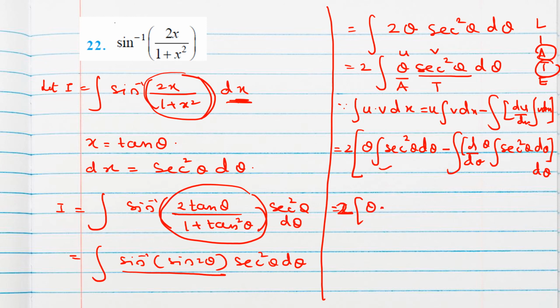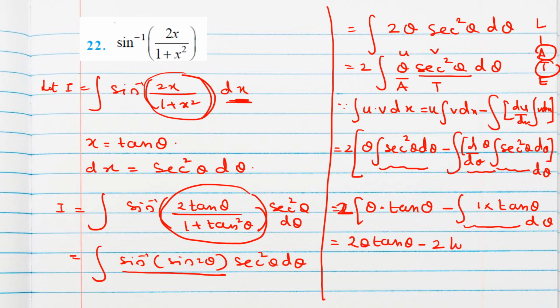Theta, for this direct integration we have tan theta, minus, for this the derivative will be 1, and for this we have the direct integration, that is tan theta. So 2 theta tan theta minus 2. See, for the integral of tan theta we have a direct formula, that is log of sec theta, plus c will come.